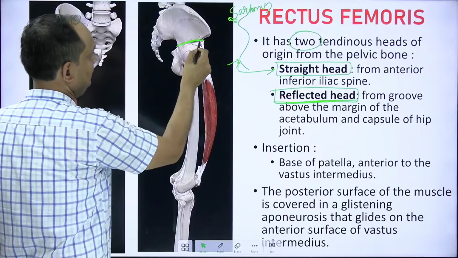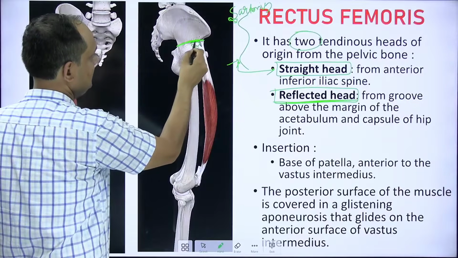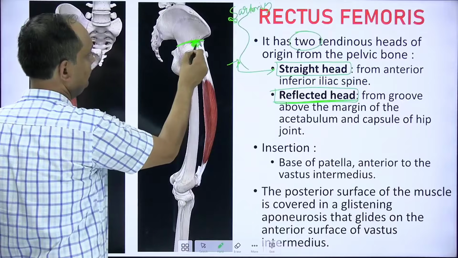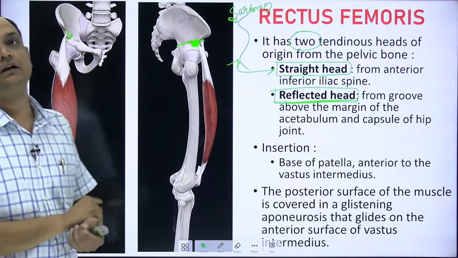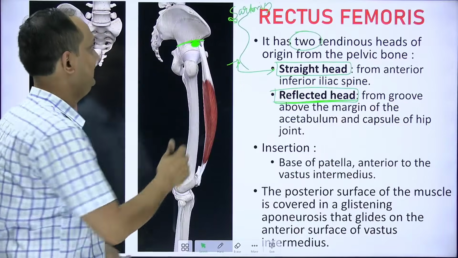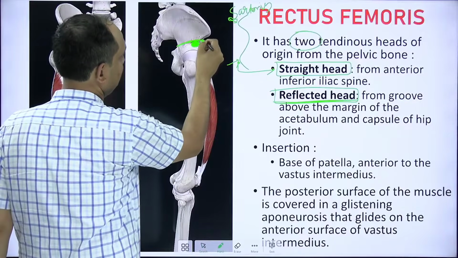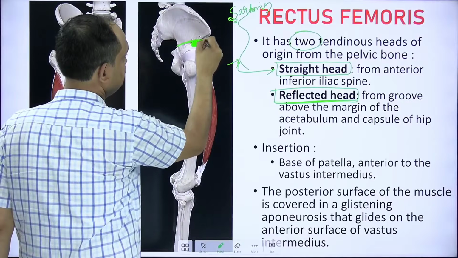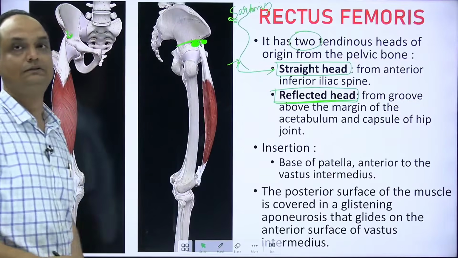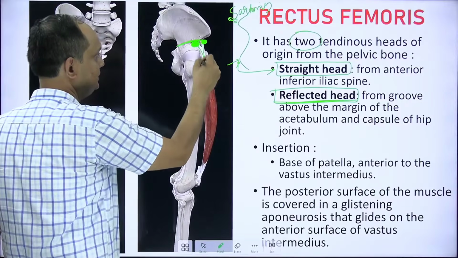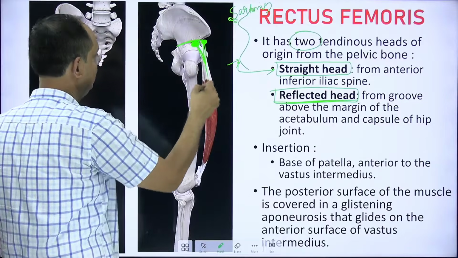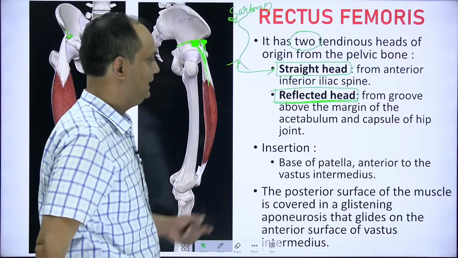Below the inferior gluteal line, this space provides origin to the reflected head of your rectus femoris, and the anterior inferior iliac spine provides origin to the straight head of rectus femoris. Then both heads go downward, join each other and form a single muscle known as rectus femoris.